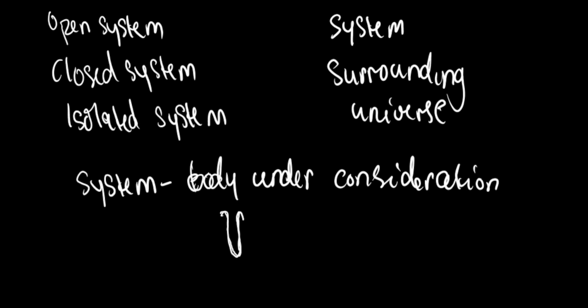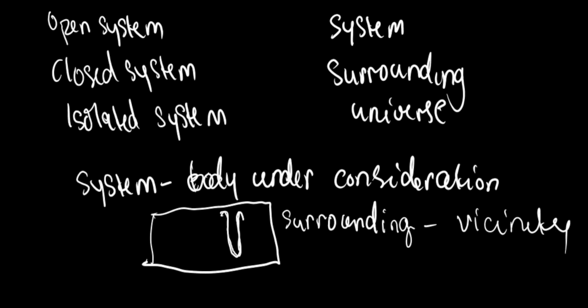This would be the system. Now, given that we have this test tube, what exactly would be the surrounding? The surrounding would be everything within the vicinity of the test tube. Now, the universe would be both the surrounding and the system.